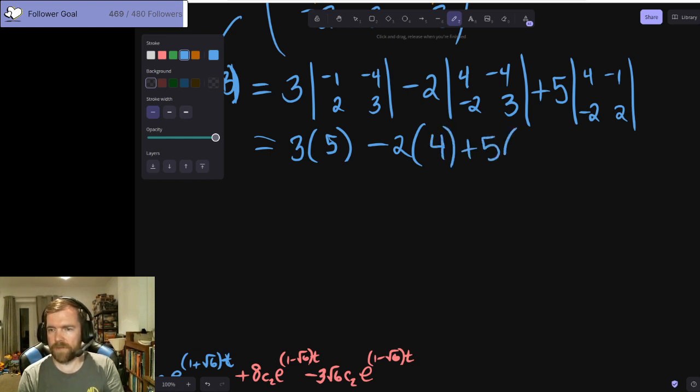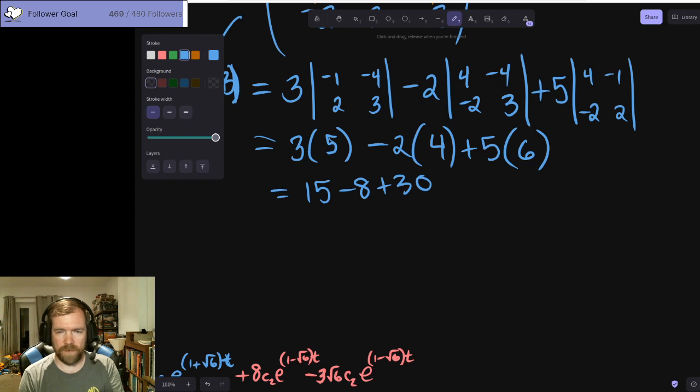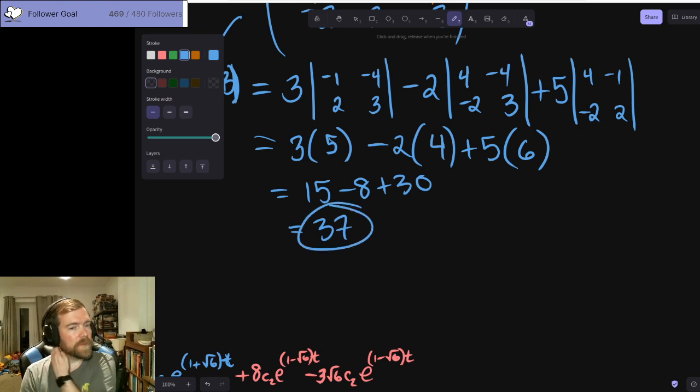Plus 5 times 8 minus 2, 6. Is going to be 15 minus 8 plus 30. 45 minus 8, 37. Right. So the determinant of B is going to be 37.